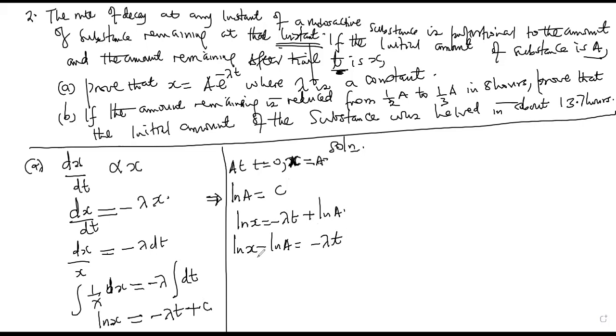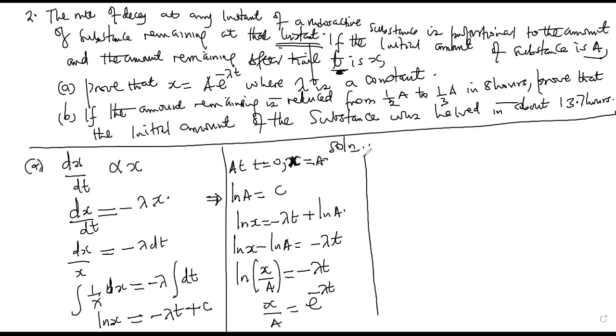Of course, if you're subtracting lns, they will behave as logarithms. So we shall have ln of x over capital A is equal to negative lambda t. Introducing e, we shall have x over A equals e power negative lambda t. I guess you remember how we introduce e. When we introduce e, the ln will go and this one will be a power of e.